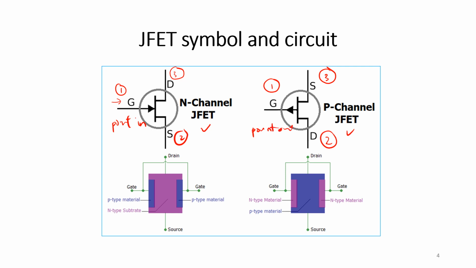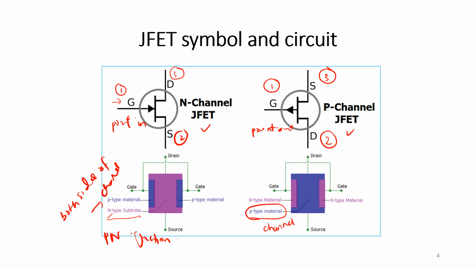Now we take a look at the circuit for each type of JFET. For the N-channel JFET, the channel uses N-type substrate, and there are P-type materials at both sides of the channel that make a PN junction. The same goes for the P-channel JFET. In the P-channel JFET, P-type material is used as the channel.